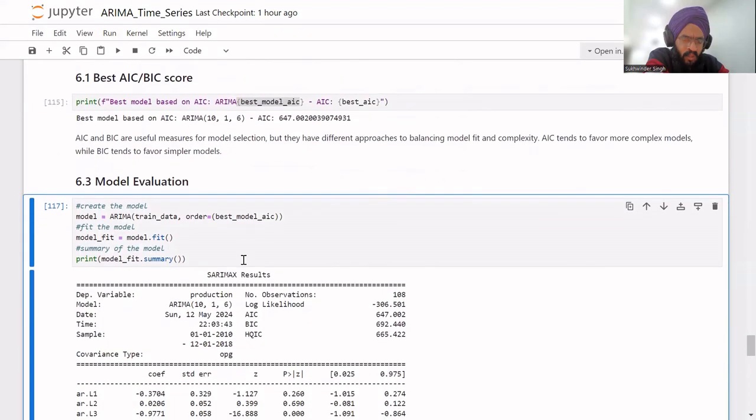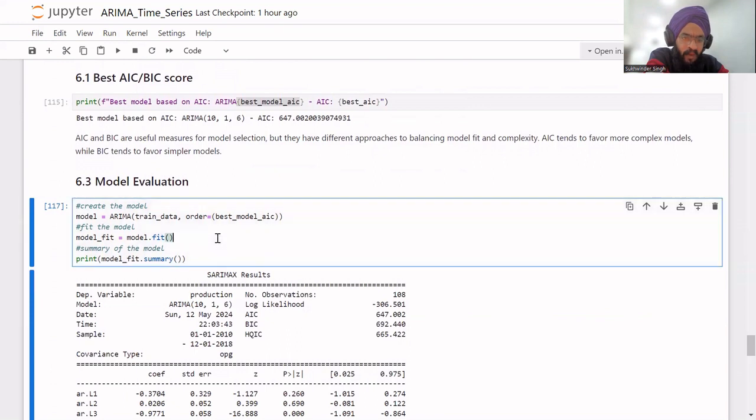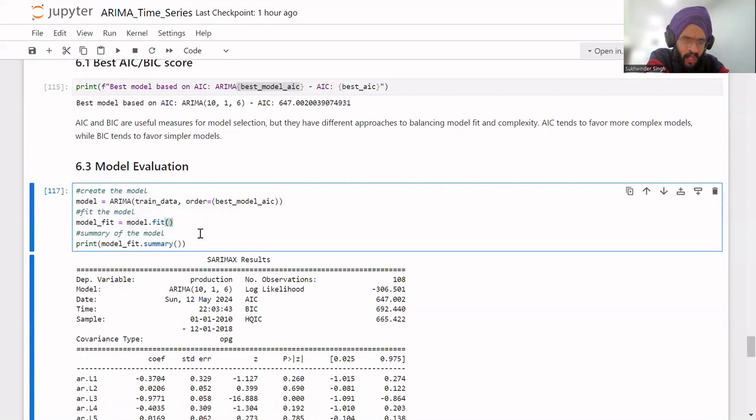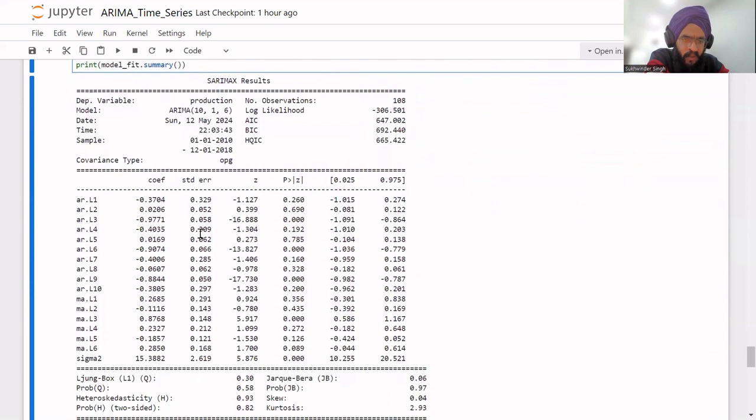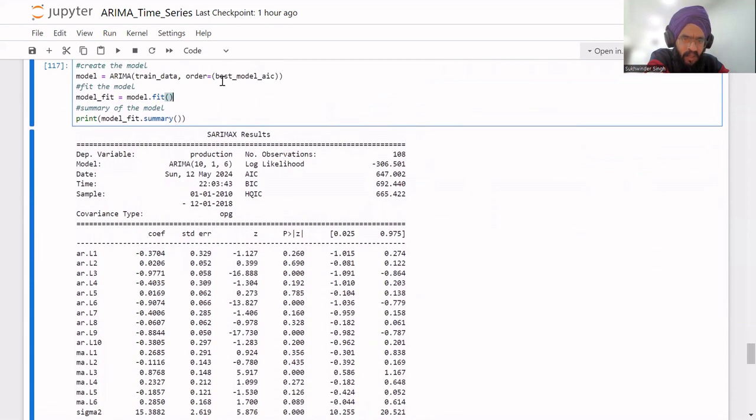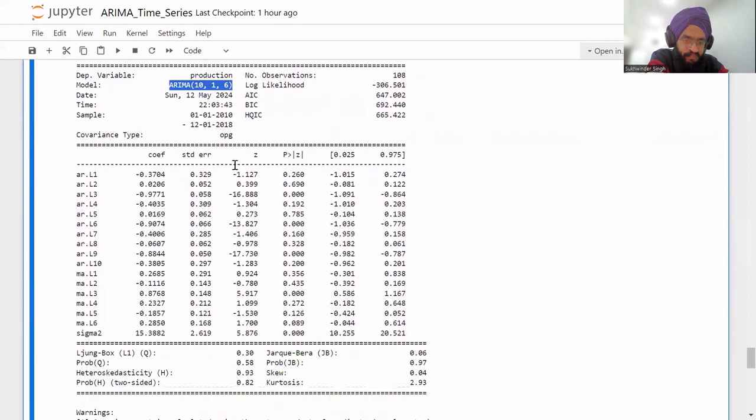So after acquiring the best parameters for the ARIMA, we will evaluate the model again with respect to our requirements. When we implement the operation, here you can see we implement the best model by AIC, and the parameters we have are 10,1,6, which were developed by the above ARIMA model.